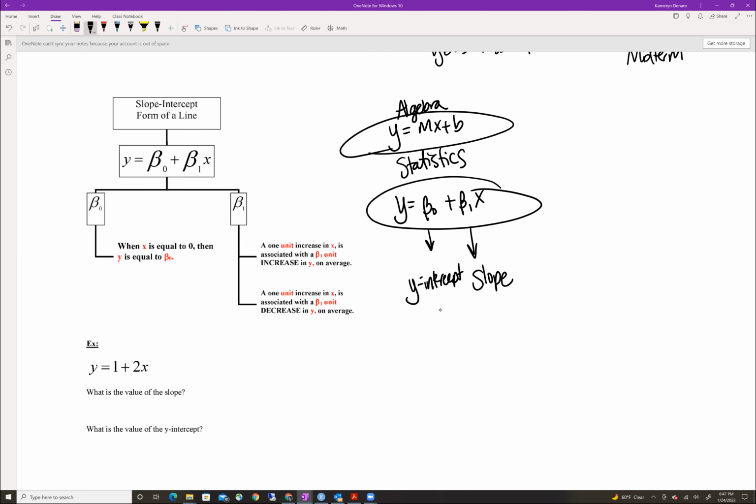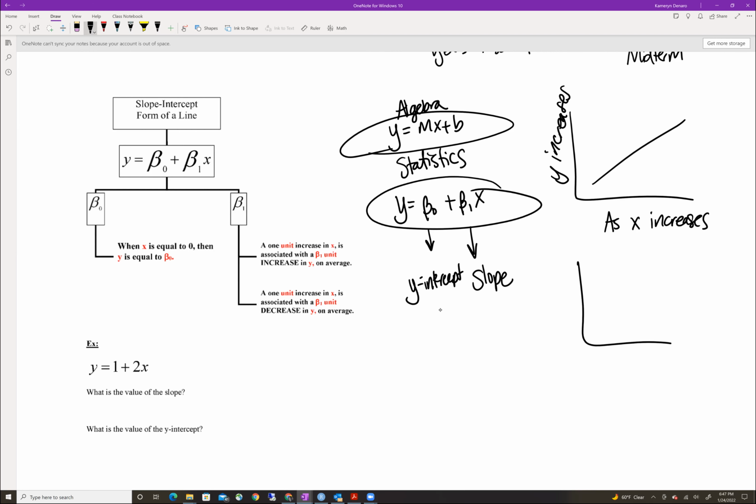All right, the interpretations are to your left. So in general, we can talk about whether or not beta 1 is positive or negative. That's going to mean that if we have a positive slope, as x increases, y also increases.